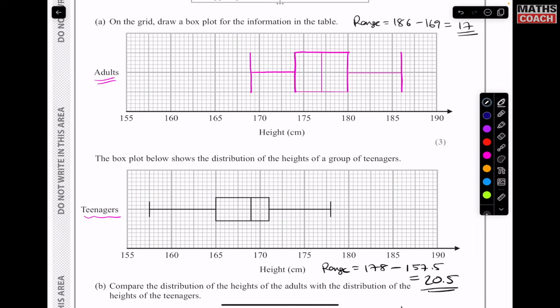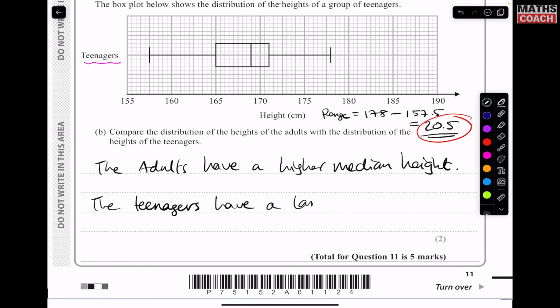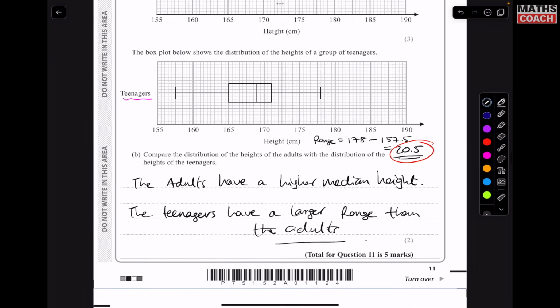So you can see that the teenagers have a bigger range than the adults. So the adults have a smaller range, or the teenagers have a bigger range. So you could say the teenagers have a larger range than the adults. And there you go, 2 marks. All right, let's move on.